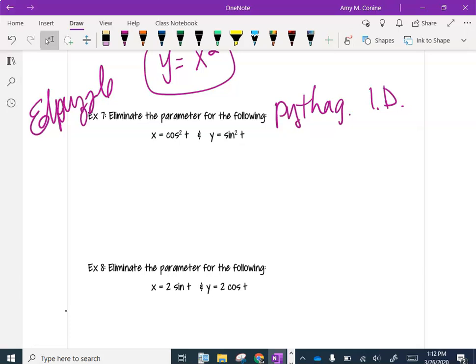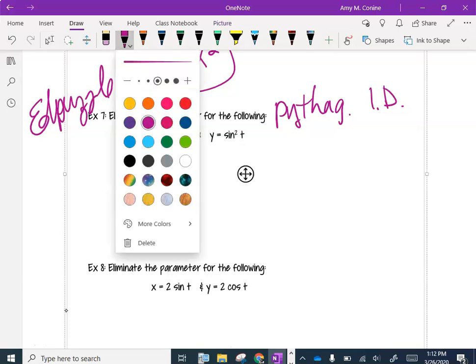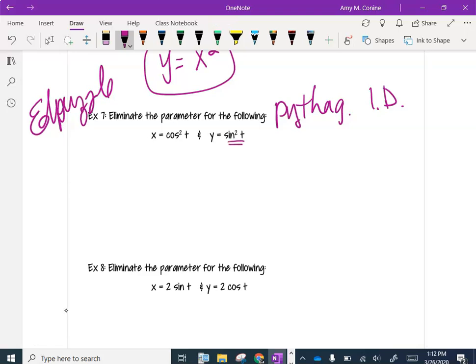So I'm going to go ahead and take my sine squared and substitute it in for 1 minus cosine squared of t. I want my trig functions to be the same so I can substitute easier. So you want the trig functions to be the same.